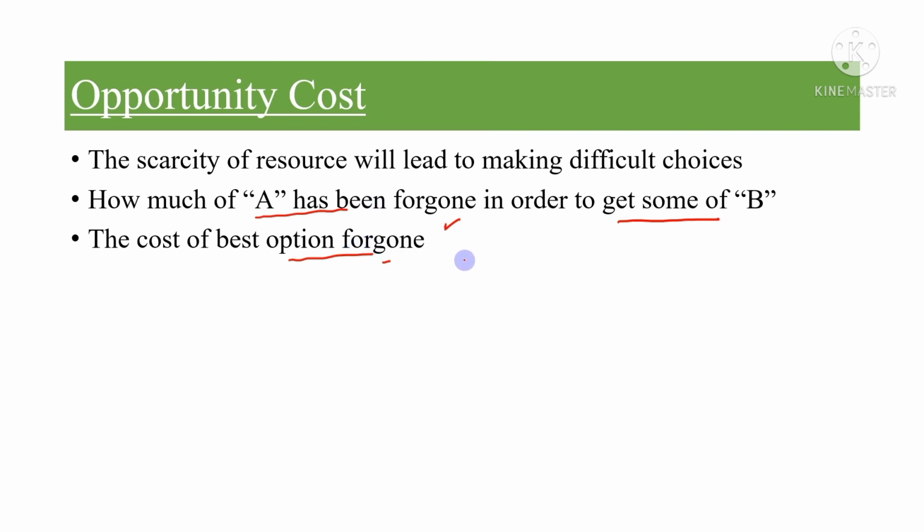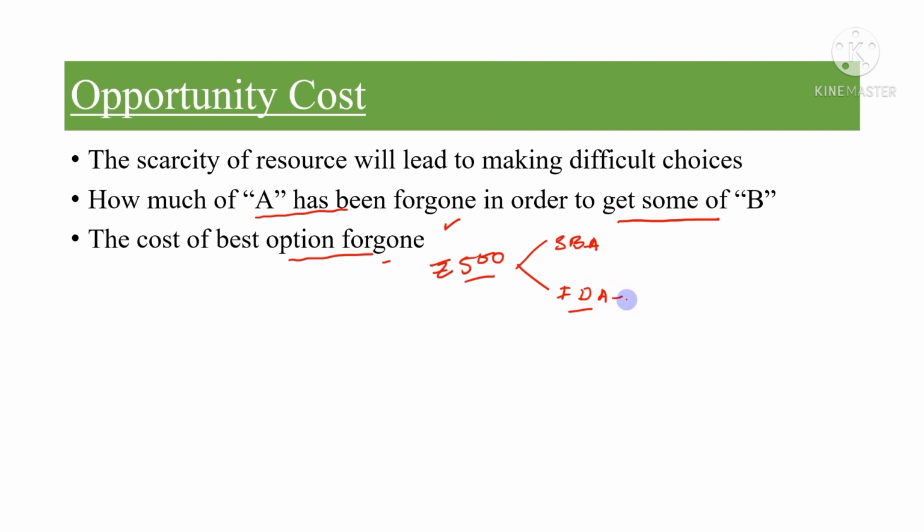Let's suppose you have rupees 500 with you. So what can you do with this 500? You have two options. Either you can save this in a saving bank account, or you can save this in a fixed deposit account.